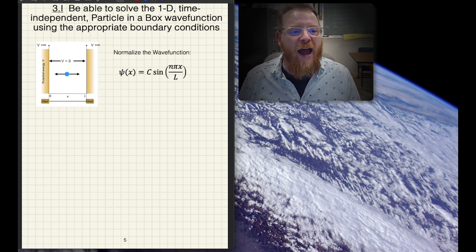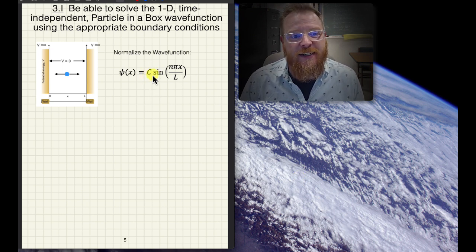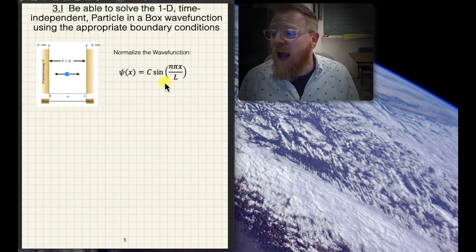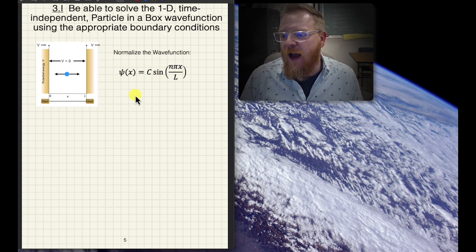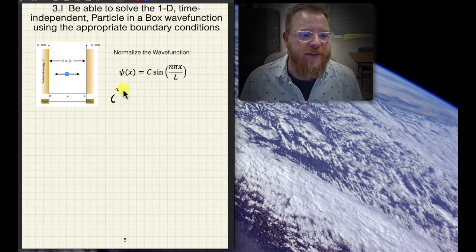So here we have the solution we came up with based on our boundary conditions, c sine of n pi x over L, right? Where, remember, n is this integer, 1, 2, 3, 4, etc. So now to normalize this, we're going to say the following. We're going to say c squared, because we recognize now that's our normalization constant.